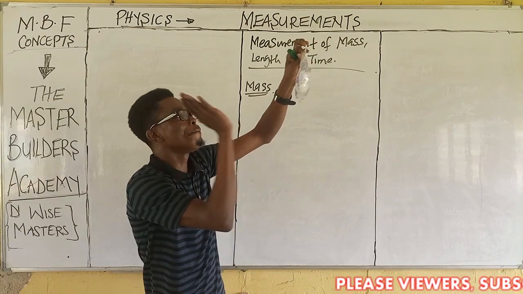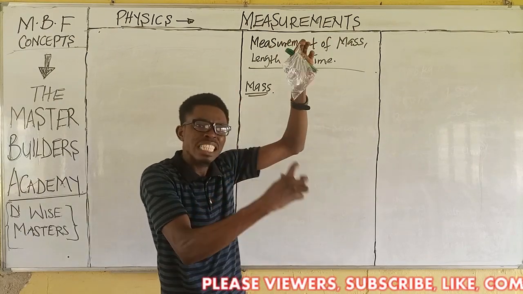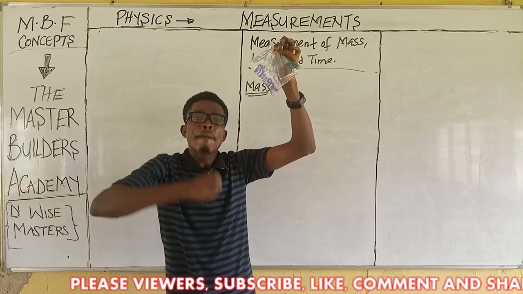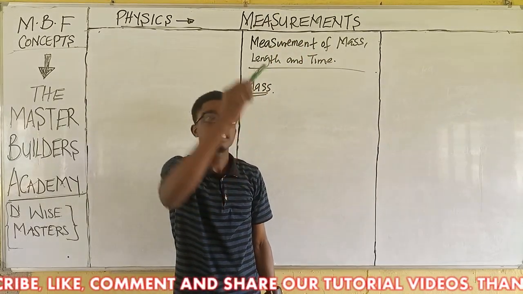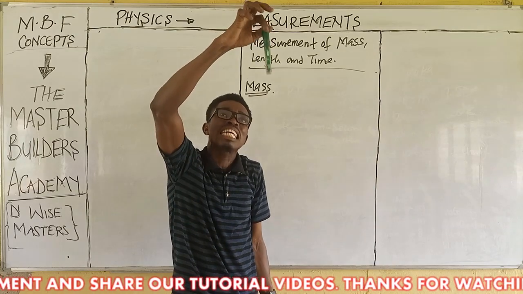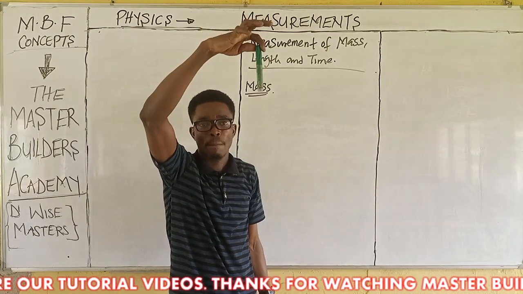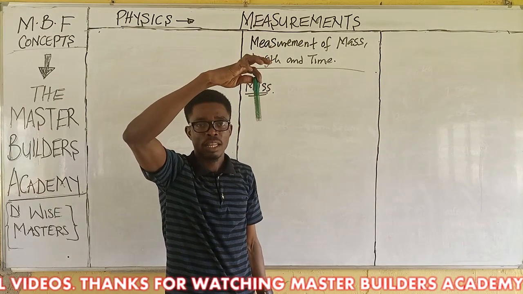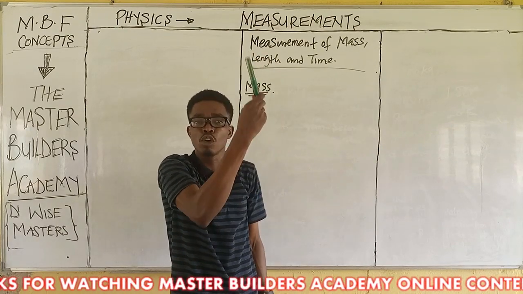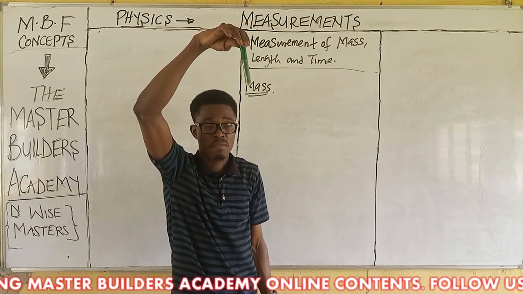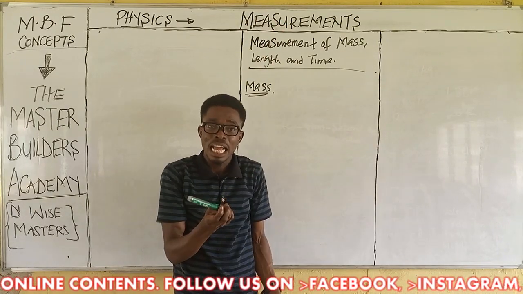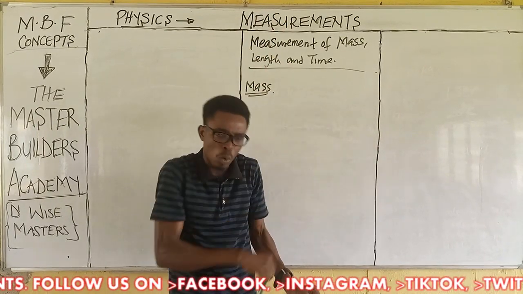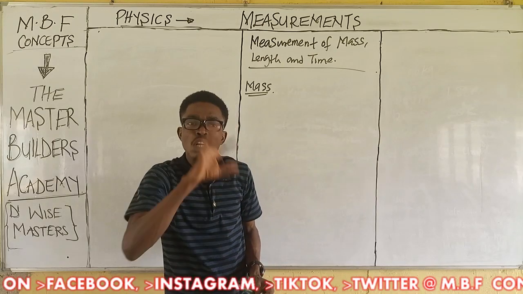Alright, so mass is the quantity of matter present in the body. Now, this is a marker, it has a fluid inside. The component that makes this marker is called a mass. And they all have their respective volume. So this is matter. This board that we have here now is matter. And what makes up this board is what we call mass.